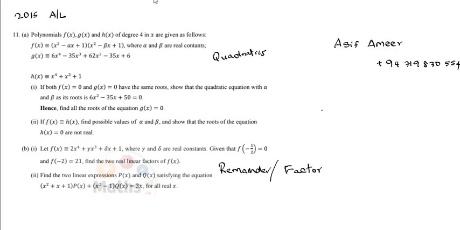First of all, read the question well. They are telling you 11a. Polynomials f(x), g(x) and h(x) of degree 4 in x are given as follows. So you have question 11 part A. f(x), g(x) and h(x) are given.